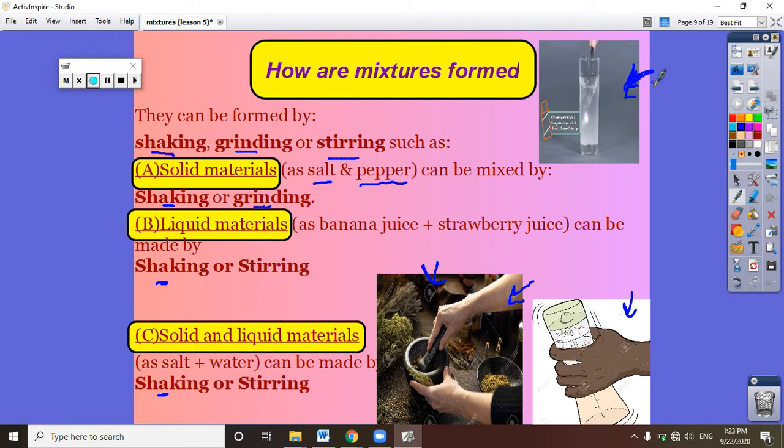So to make any type of mixture, we can use shaking. If the mixture is solid, we use shaking and grinding. If the mixture is liquid or solid-liquid, we can use shaking and stirring.